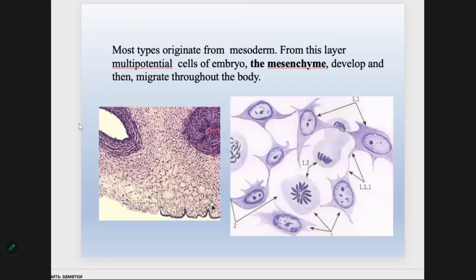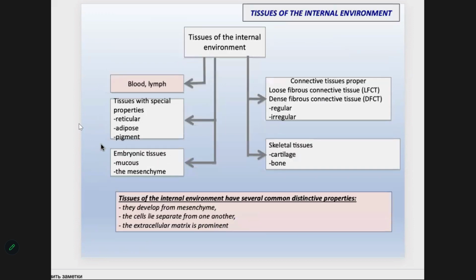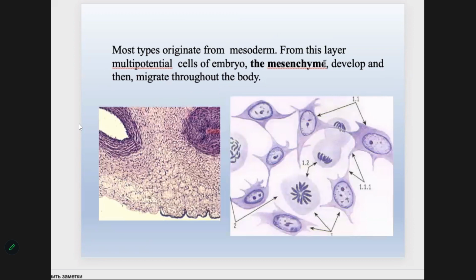What is mesenchyme? Mesenchyme is a kind of embryonic tissue. It originates from the middle embryonic layer, mesoderm, and this layer forms multipotential cells named mesenchyme. Look at this picture.